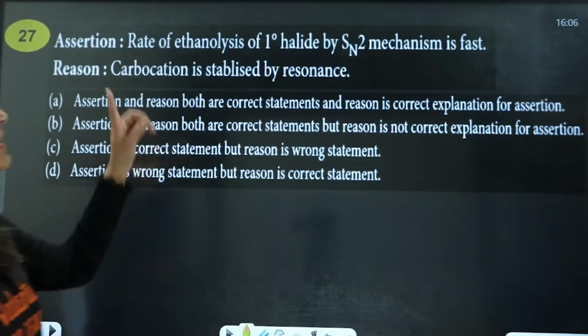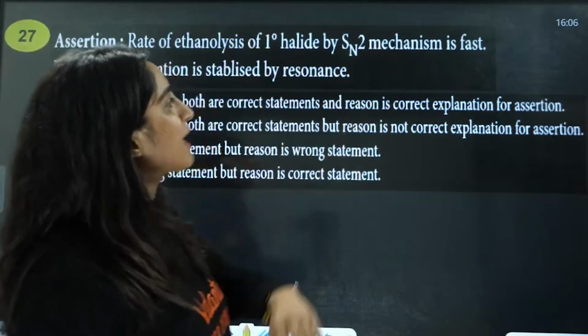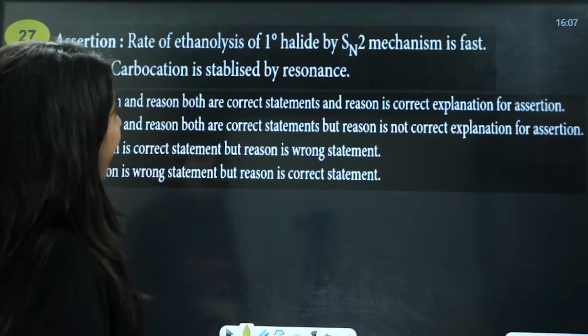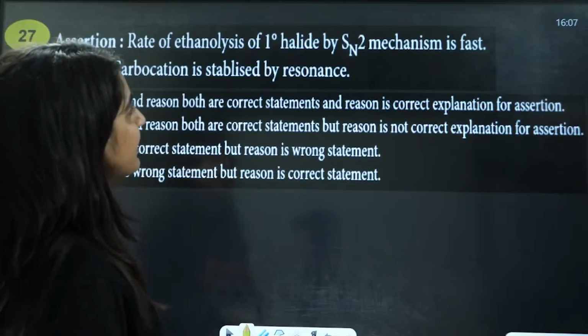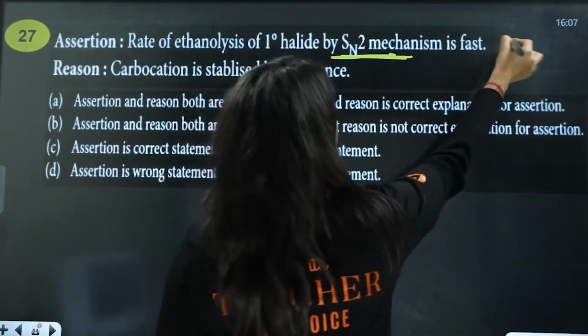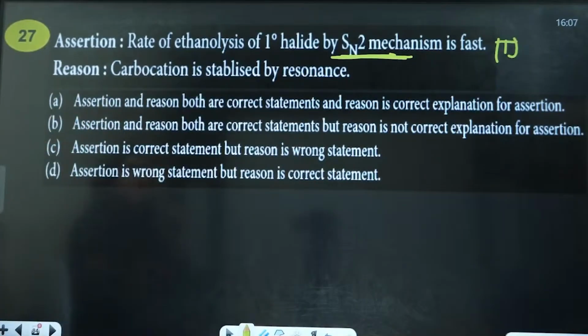Next we have, rate of ethanolysis of 1 degree halide by SN2 mechanism is fast. That is a true statement. This proceeds by SN2 mechanism.